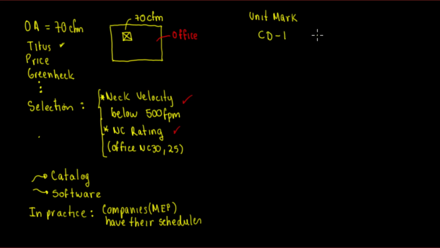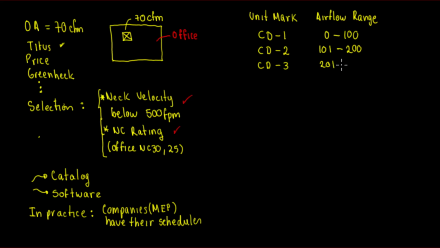CD1 is going to be the unit mark, and then we're going to have an airflow range, for example from 0 to 100 CFM. Then CD2 is going to be from 101 to 200, and CD3 from 201 until 300.